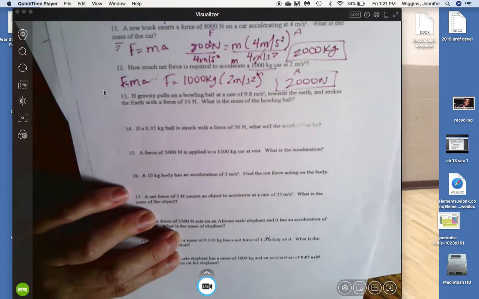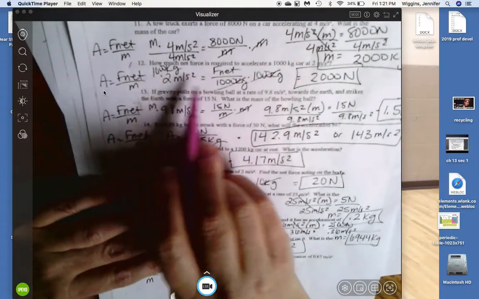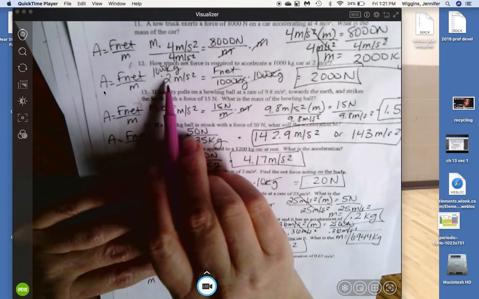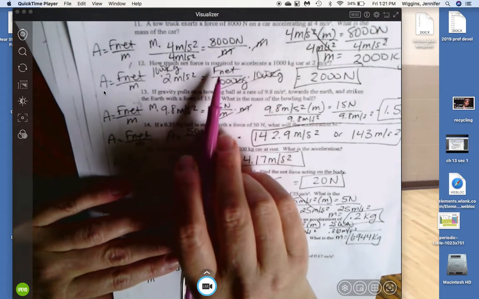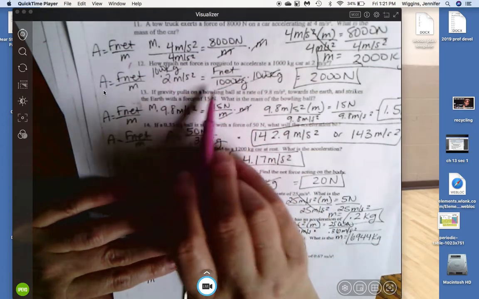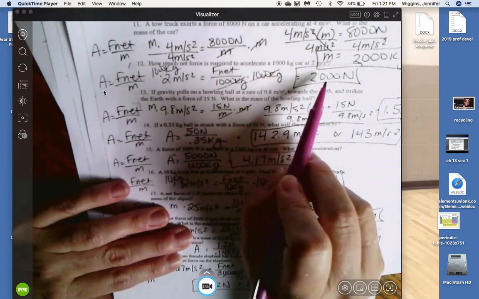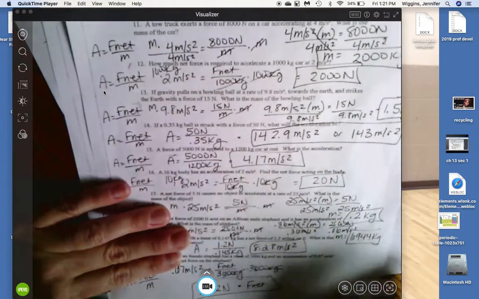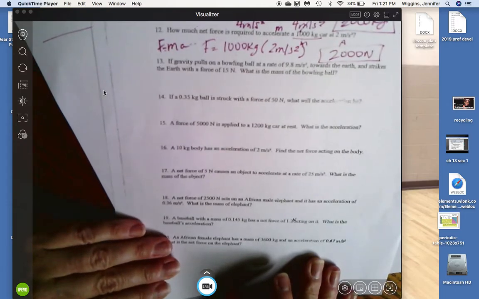On this one, I used my acceleration, 2 meters per second squared, and here's my force, and here's my mass. I multiply my mass on both sides, those cancel out, and then it's 2 times 1,000. And that gives me 2,000. I'm sorry it's not clearer.